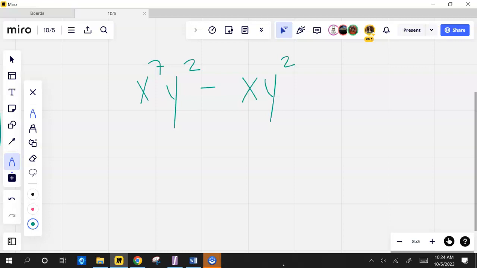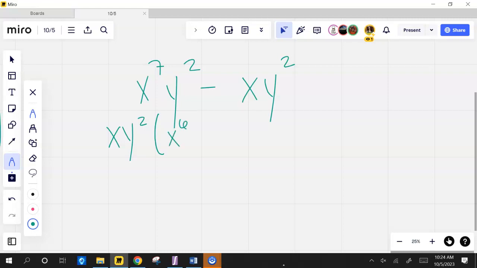All right, tell me what your first step is to factor. Look for what? GCF. Is there a GCF? xy squared, someone said. I agree. If you take out xy squared, what's left?